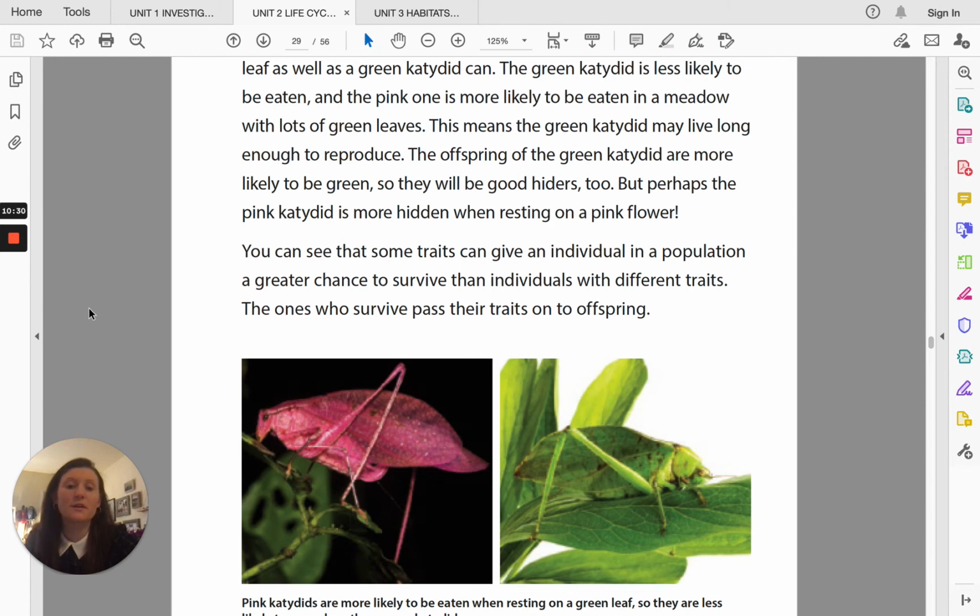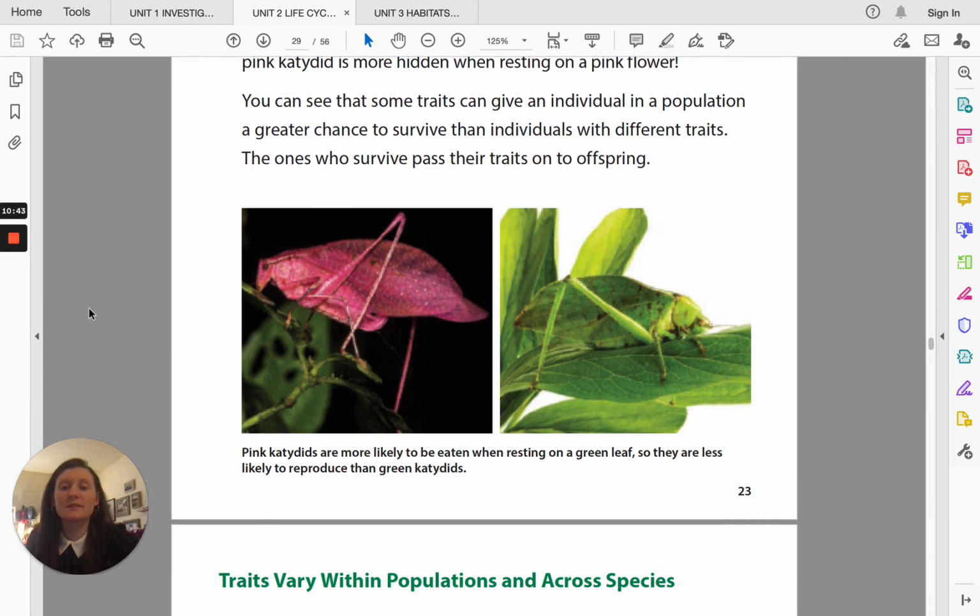The offspring of the green katydid are more likely to be green, so they will be good hiders too. But perhaps the pink katydid is more hidden when resting on a pink flower. You can see that some traits can give an individual in a population a greater chance to survive than individuals with different traits. The ones who survive pass their traits on to their offspring.